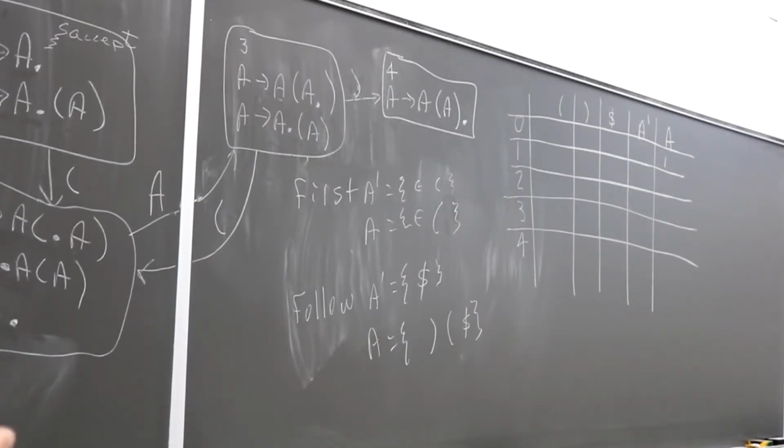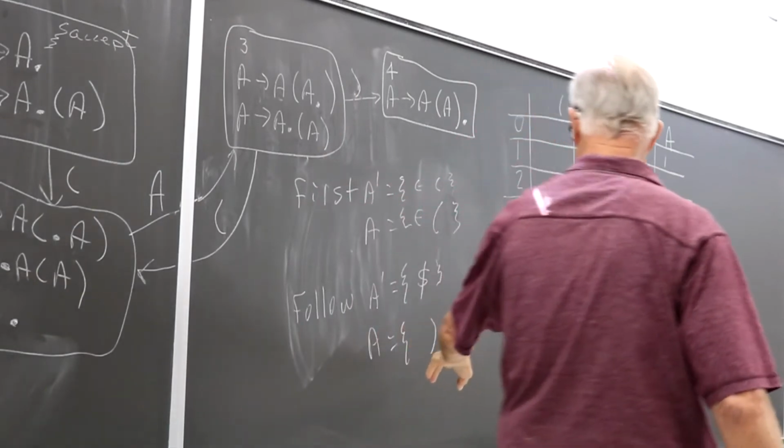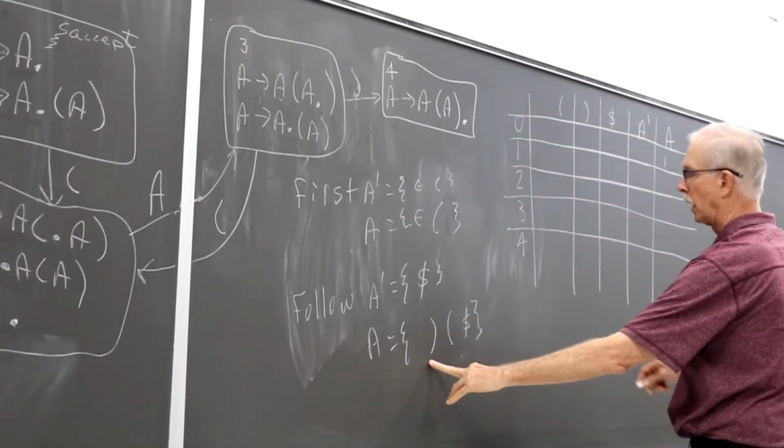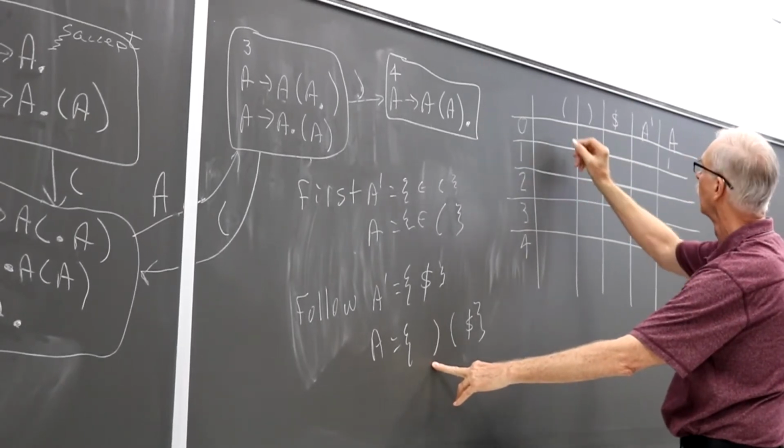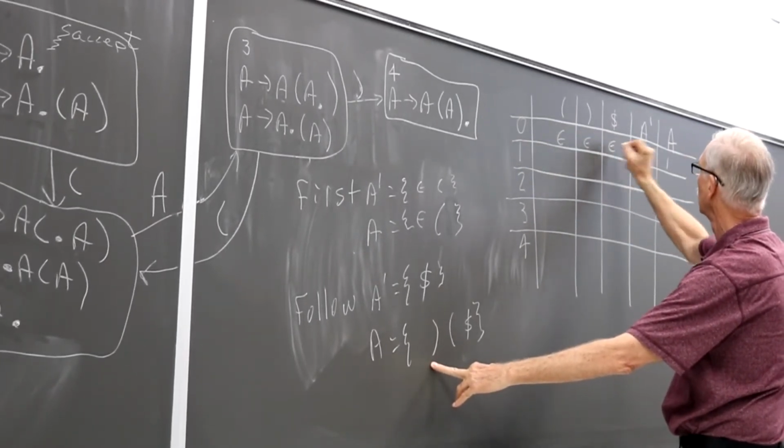That is, the empty is replaced by A. We pop nothing and we push an A on the follow of A. And so we write empty, empty, empty.